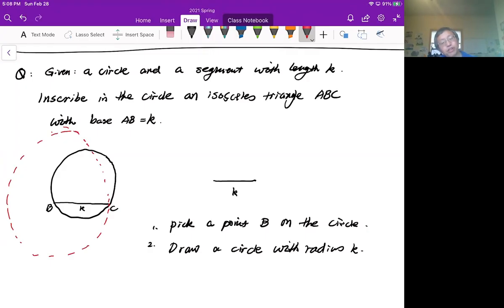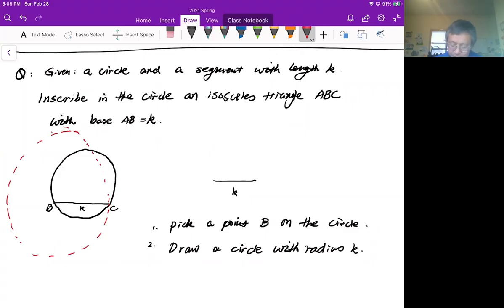So B is your center, and the radius is k, so you can have two intersections, but just pick one of the points. So I get a C here, right? So I can get BC very easily with a given length. But the point is, how could I get the A?